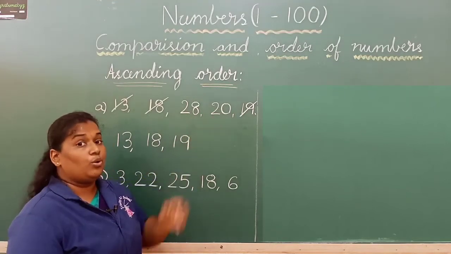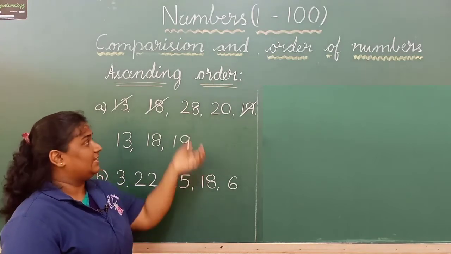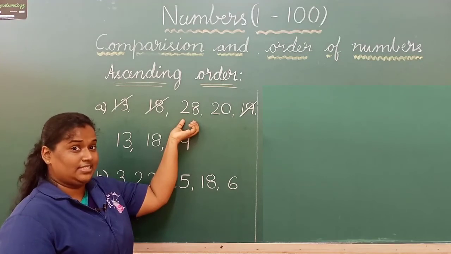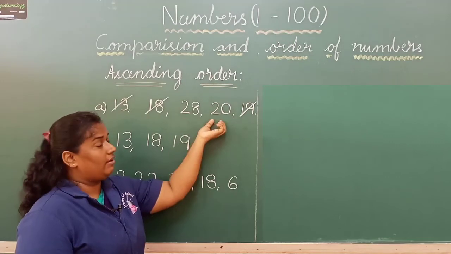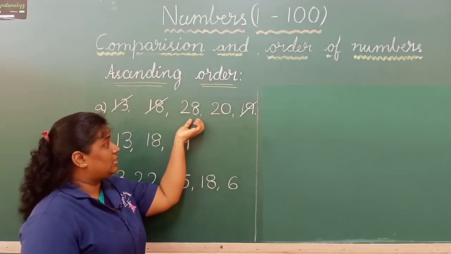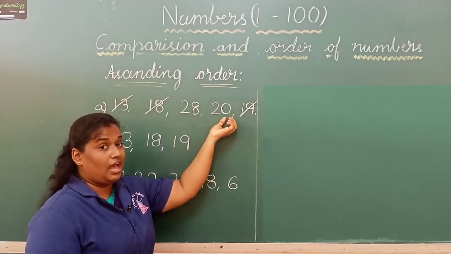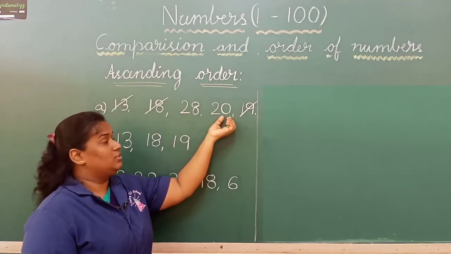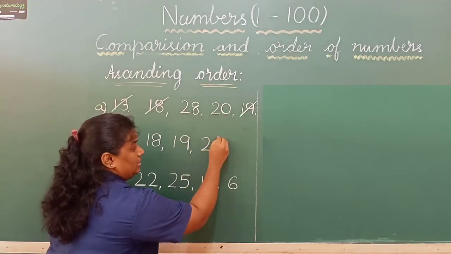Among these 2, which is smaller? Exactly. 28 is greater than 20. Both have 2 tens, but if you see the ones place, here we have 8 ones, whereas here we have 0 ones. So 20 is smaller than 28.